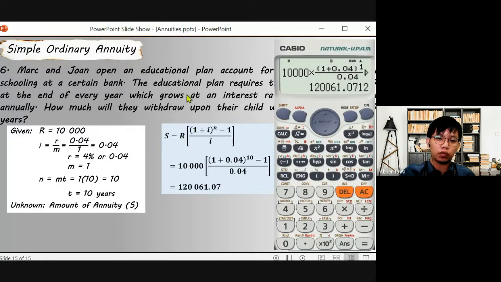So that is the future value or the amount of annuity on this problem.